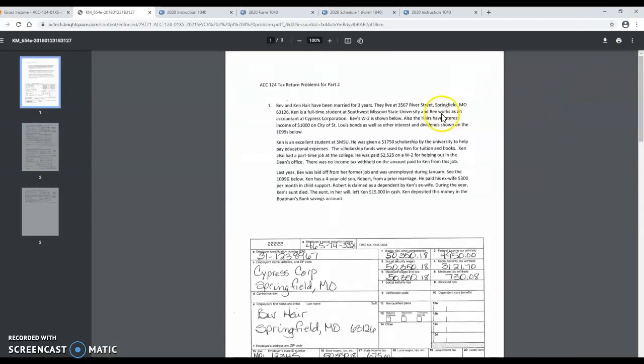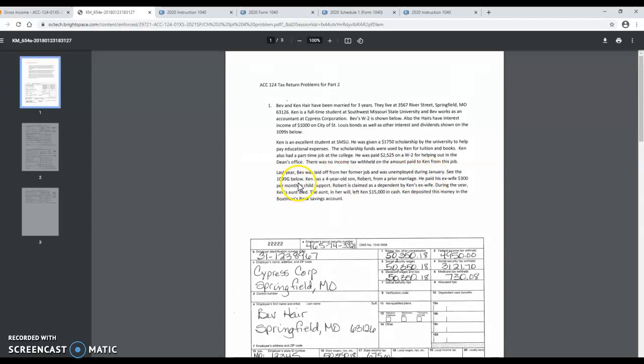Okay, so now we've covered every piece of information from the first paragraph, and everything else from the second paragraph. The third paragraph says Bev was laid off from her former job, unemployed during January.